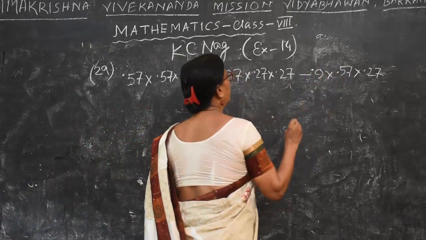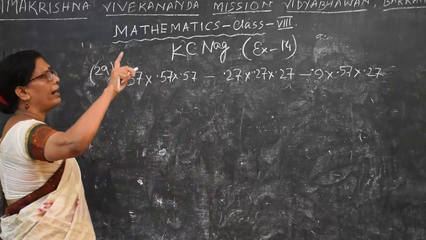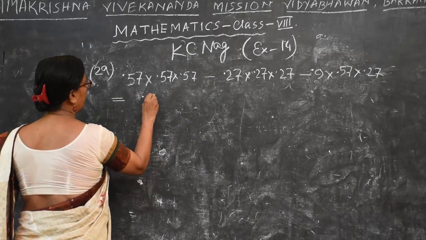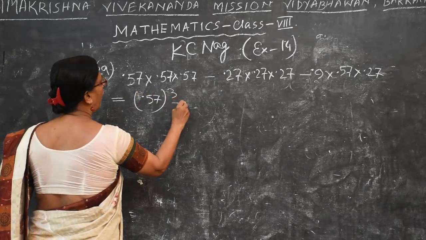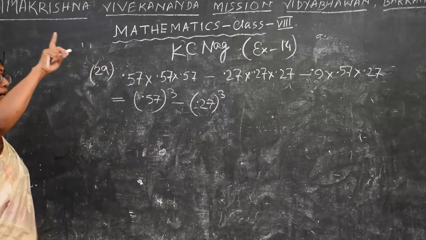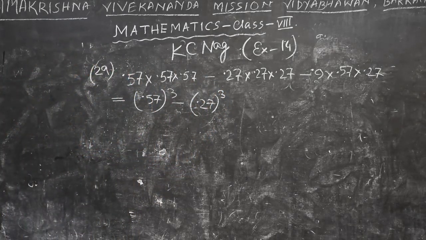So now please see this one. The formula is not so clearly given. So we can write it as 0.57 cube minus 0.27 cube. Imagine what the formula is: A cube minus B cube.